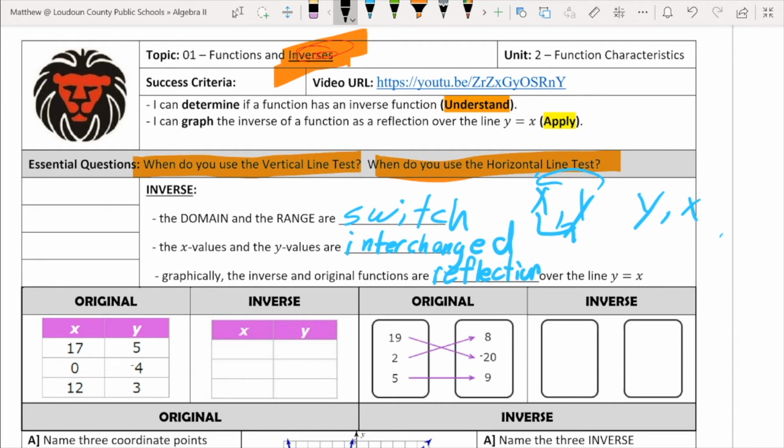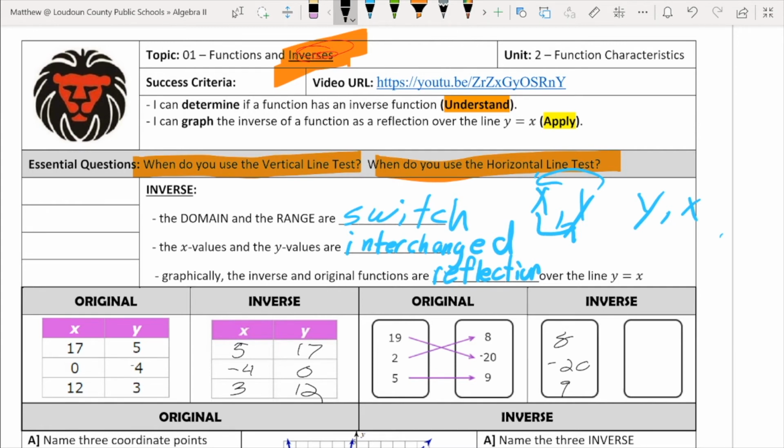All right, so if we're switching them, inverses, remember, we're just flipping it. So 17 and 5 becomes 5 and 17. 0 and negative 4 becomes negative 4 and 0. 12 and 3 becomes 3 and 12. Okay? The next one, let's just write 8, negative 20, and 9.